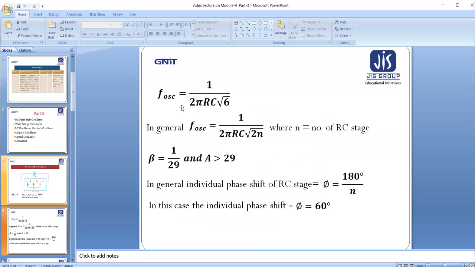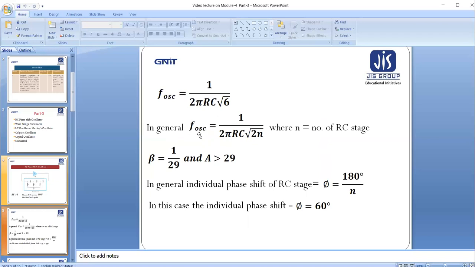The frequency of oscillation of this particular circuit is 1 by 2 pi RC root 6. Now the question can arise how this particular frequency of oscillation comes. Basically it can be derived using the Laplace transform of this circuit, but due to the complexity I am not including these tedious calculations, just mentioning the frequency of oscillation of this RC phase shift circuit, 1 by 2 pi RC root 6.